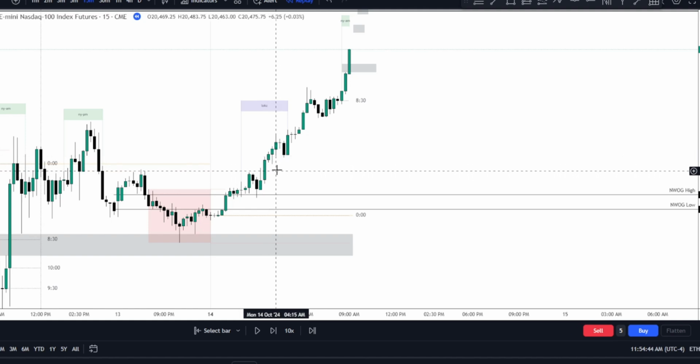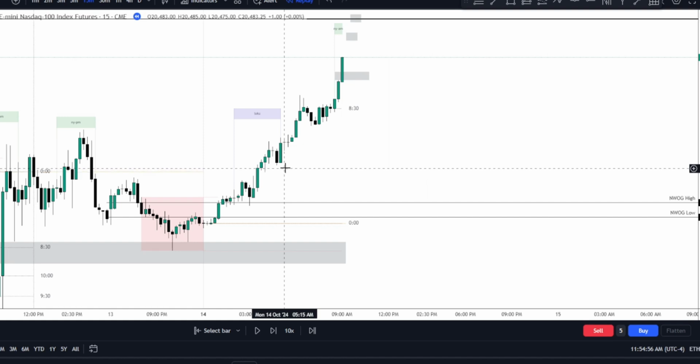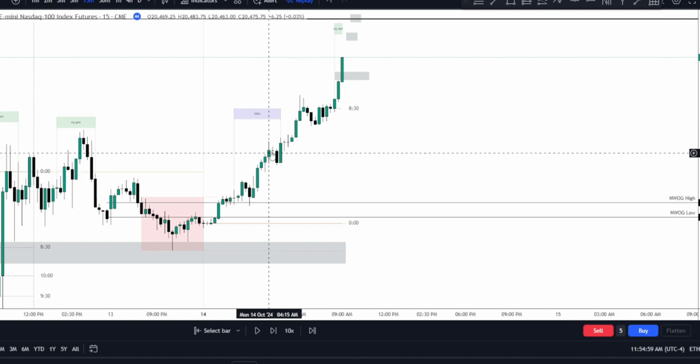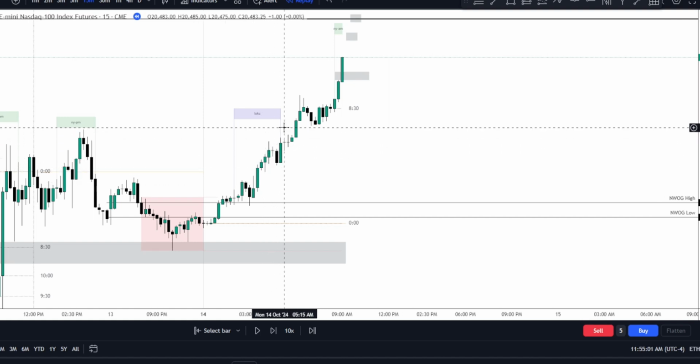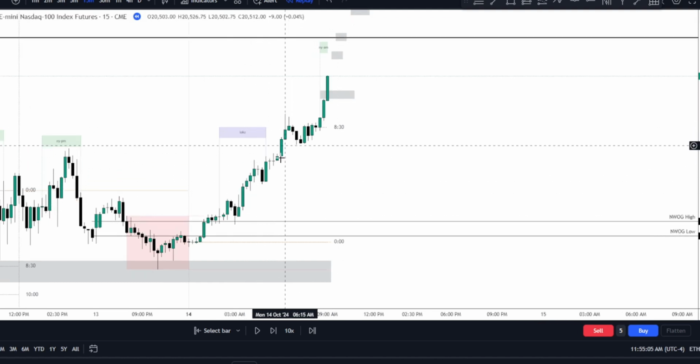One thing that I look for is, okay, is price giving me any fair value gaps during this 15-minute chart as we're pushing higher? I'm noticing that price is not necessarily giving us any indication of true manipulation, and we're just moving higher. And this whole move upward had no sponsor.